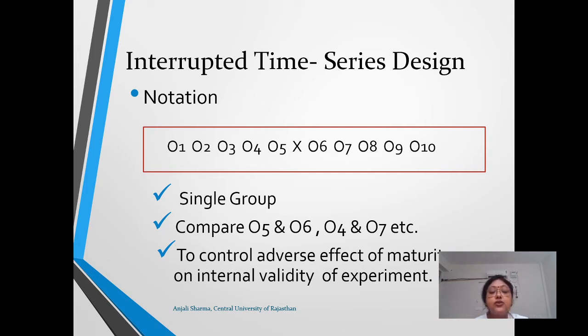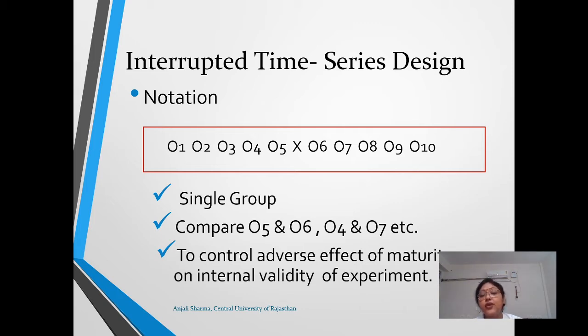Then we can compare O5 and O6 to see the immediate effect of the intervention. We can also compare O4 and O7, which gives us some understanding of what the actual condition of our group was just before the intervention, and O7 gives not only the immediate effect but also the after effect.